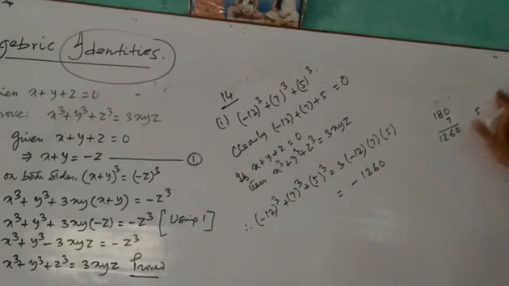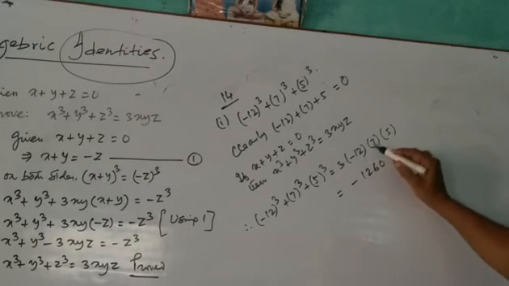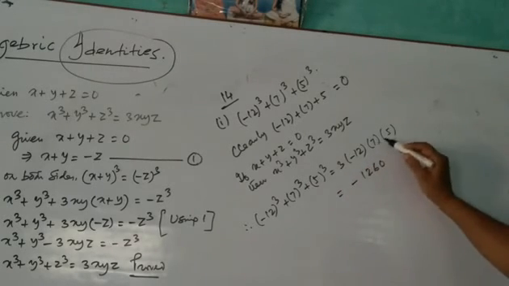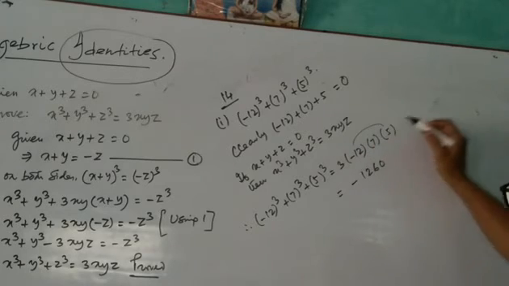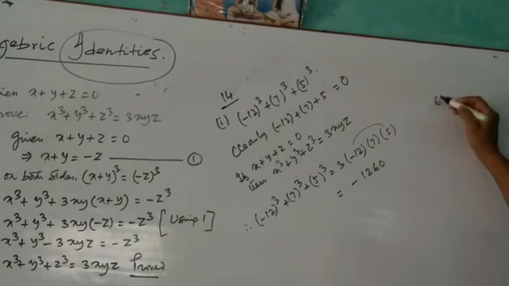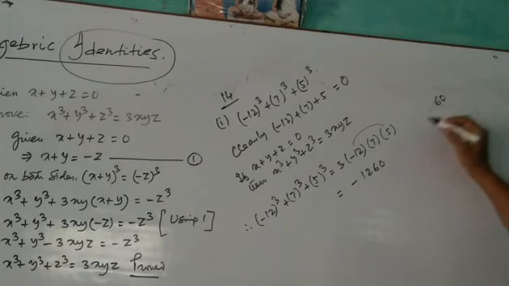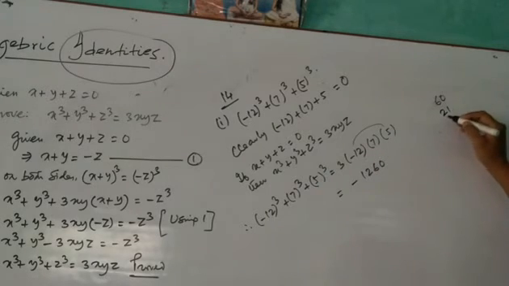What I have done, ignore the sign, this is the minus sign, 60 into 21 you do. Yes, minus 1260. Minus 1260 is the right answer of this particular question.